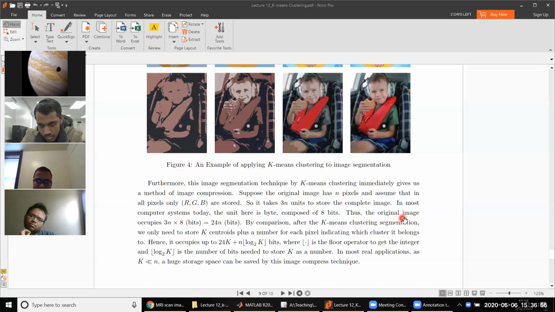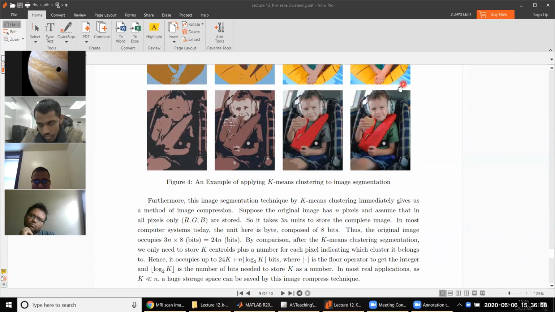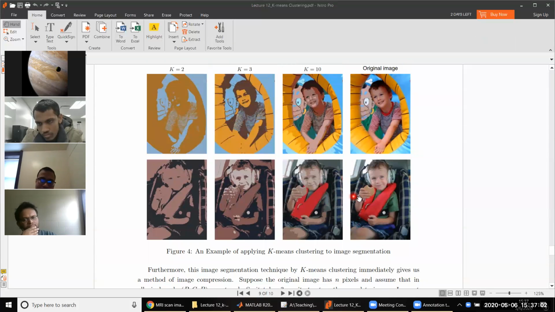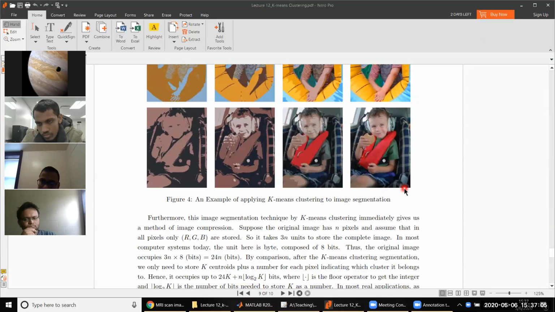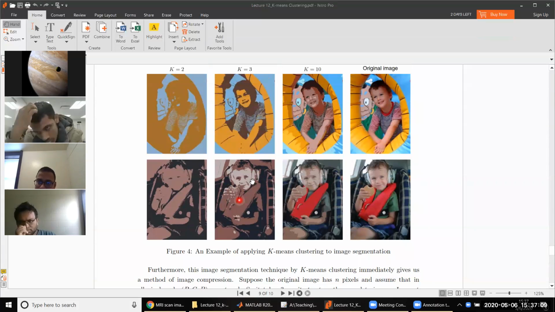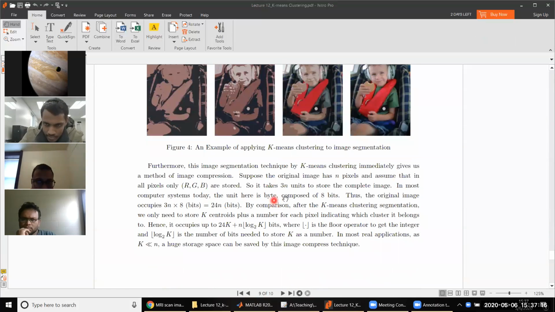So here's a trade-off, because the more clusters you have, the closer the picture is going to be to the original image. However, you're not going to save as much. If you choose K equal to 3, you're going to greatly save storage. So it's a trade-off, okay?